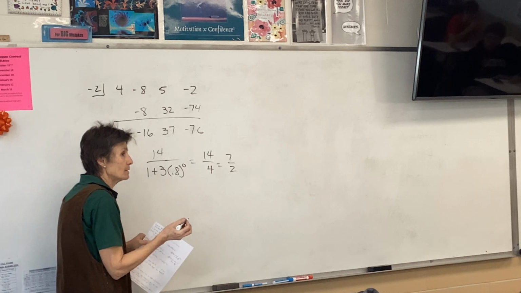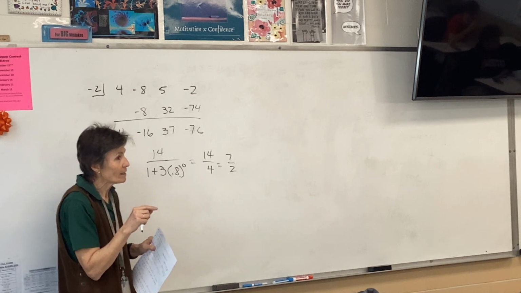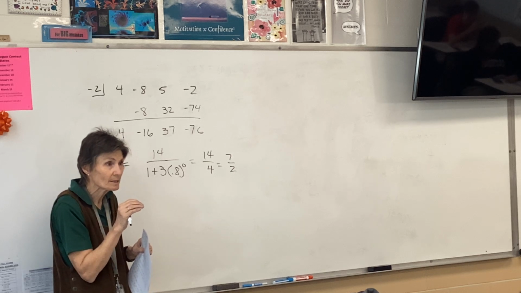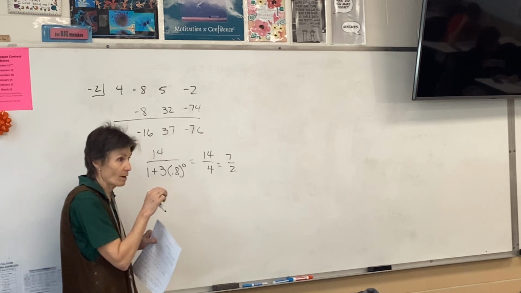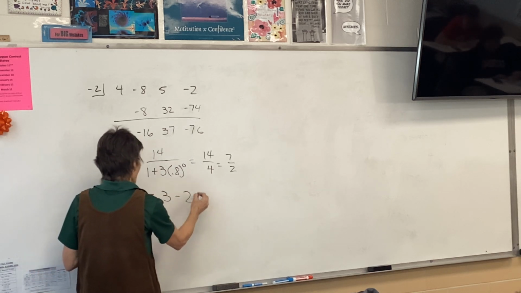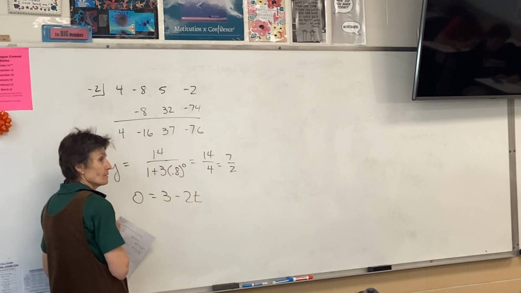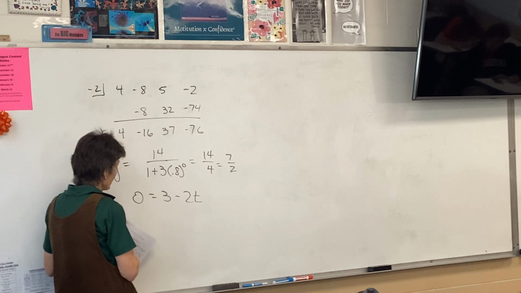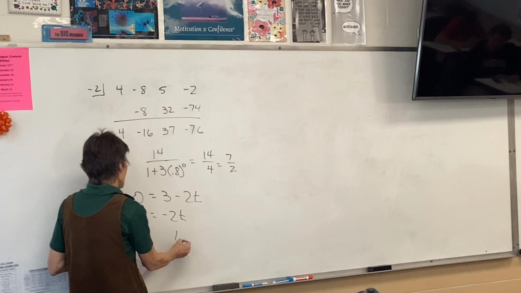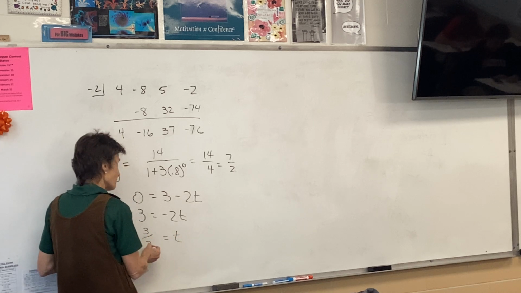B. They're parametric equations, but it doesn't matter. How do you find a y-intercept? Let x be 0. So if I let x be 0, this is what I have. Right? Which means t is 3/2.